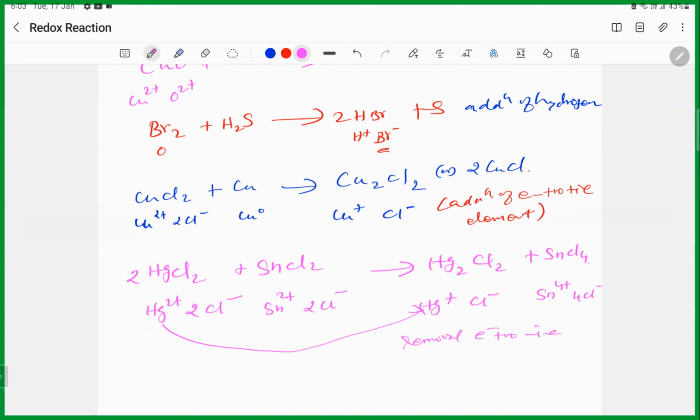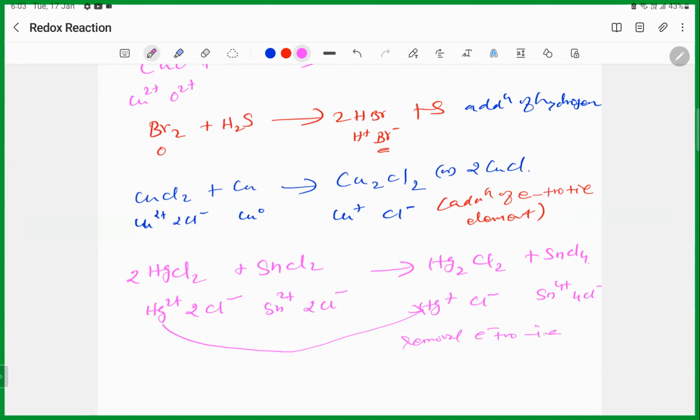Now you should learn what an oxidizing agent is. An oxidizing agent is a substance which provides oxygen or any other electronegative element, or removes hydrogen or another electropositive element in the chemical reaction.